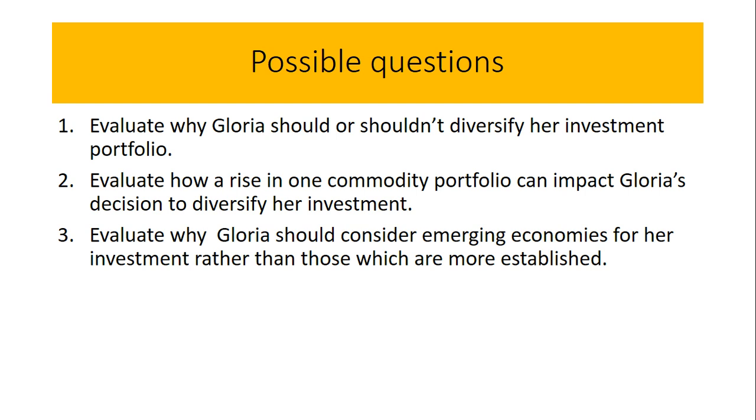Second, evaluate how a rise in one commodity portfolio can impact Gloria's decision to diversify her investment. What this question is asking is, if one commodity portfolio goes up, how does this impact the other two? And how does this impact her decision to diversify?